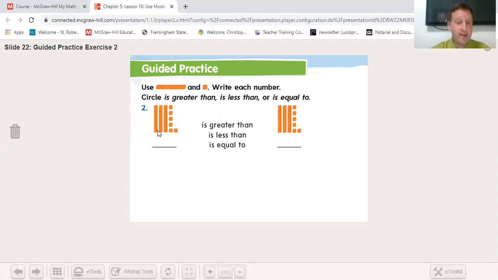So it's 36 and 36. So is 36 greater than 36? Is 36 less than 36? Or is 36 equal to 36? Can you circle the answer for me, what you guys think? And when you're done, let's see our answer. Okay, 36 is equal to 36.